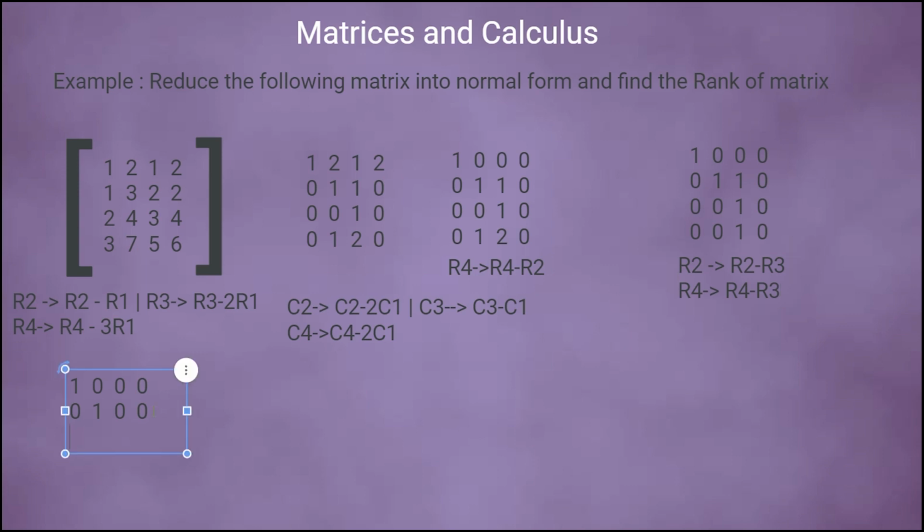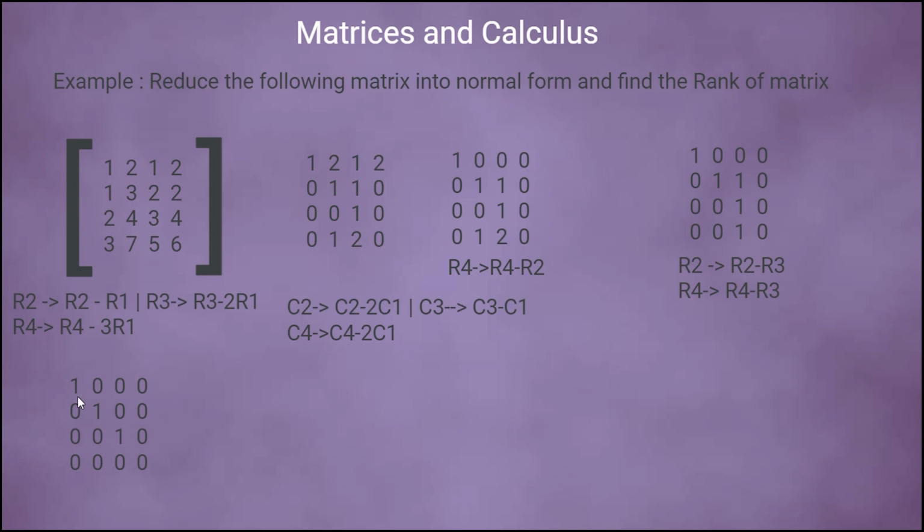Write the same values for R3, 0, 0, 1, 0. Next we have R4, 0 minus 0, 0. Next 0 minus 0, 0. Next 1 minus 1, 0. Next 0 minus 0, 0.